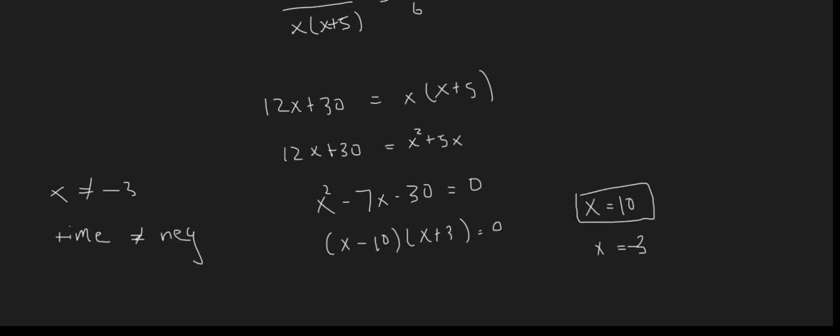Now, if our answer is x equals 10, for Sam, Taylor's x plus 5, so that's 15. Now let's quickly write that down to finish our question.